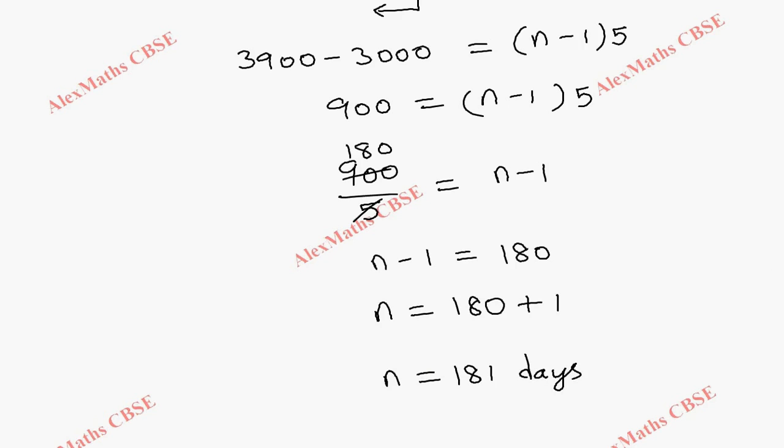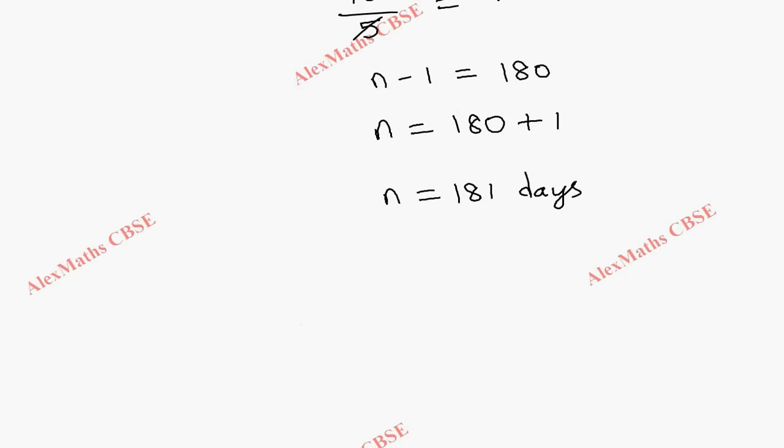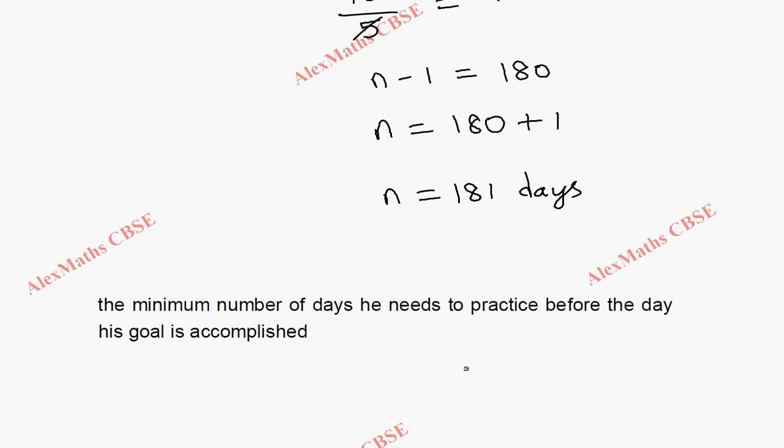days. But if you read the question, they are asking for the minimum number of days he needs to practice before the day his goal is achieved. So they are asking for the day before. Therefore, the minimum number of days he needs to practice before the day his goal is accomplished is nothing but 1 day less, because in n days, that is in 181 days, he accomplished the goal.